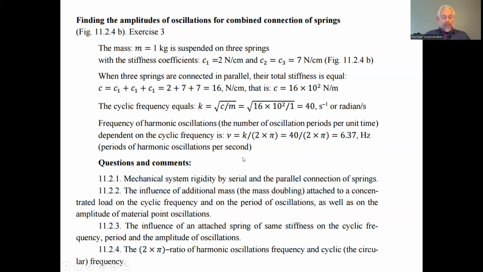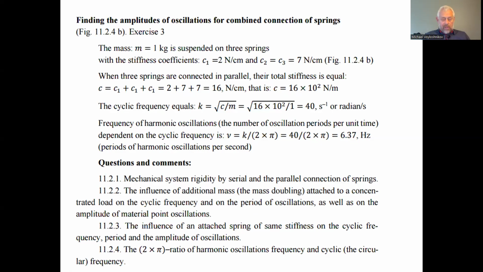Questions and comments. Mechanical system rigidity for serial and parallel connection of springs. When we connect springs in series, the elasticity increases. The rigidity characteristic of the serial connection of springs reduces in proportion: in the numerator we have the product of the stiffnesses of the 2 springs connected in series, and in the denominator we have the total of the stiffnesses.